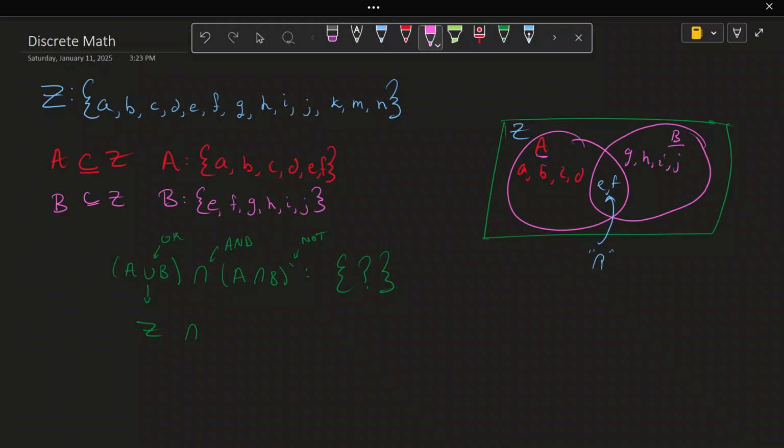Well, that's good. What don't they have in common? This is and not. So what do they have in common? Well, they have E and F in common, but we don't want E and F. We want E, F not.